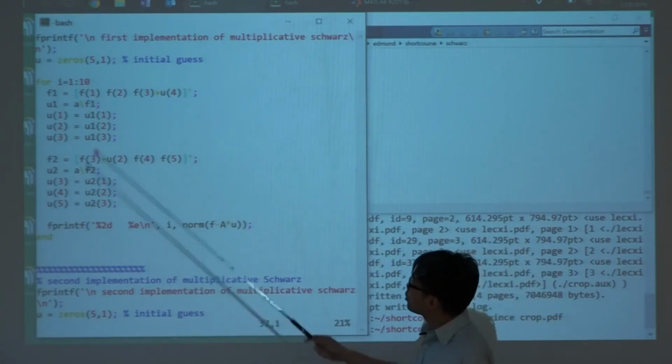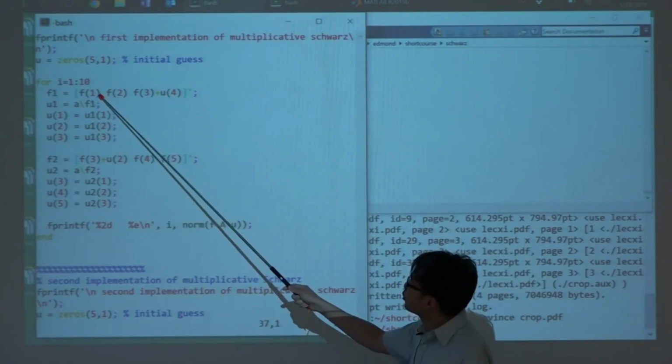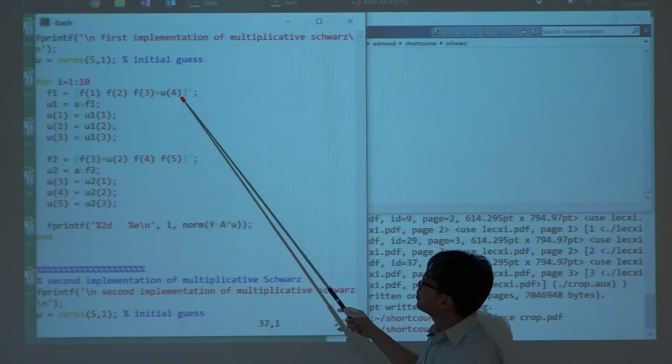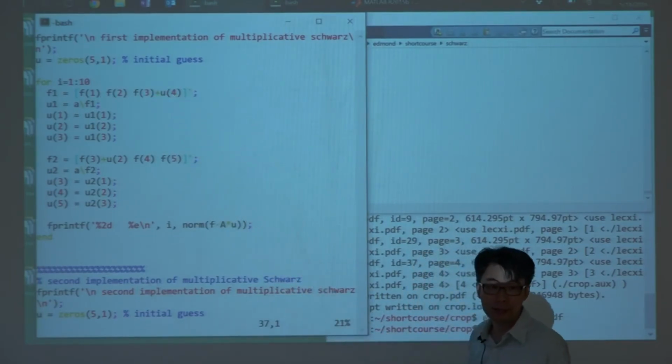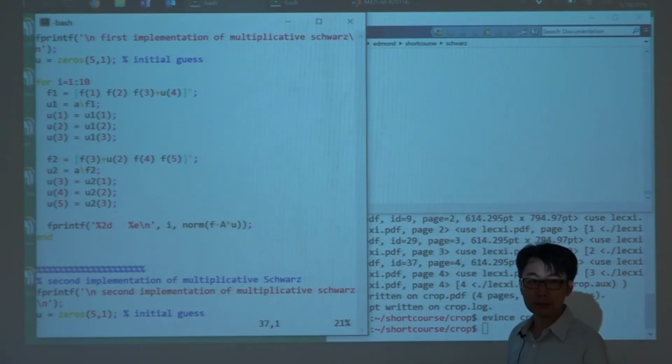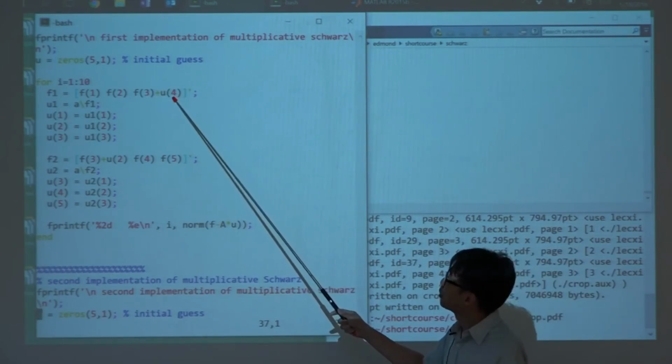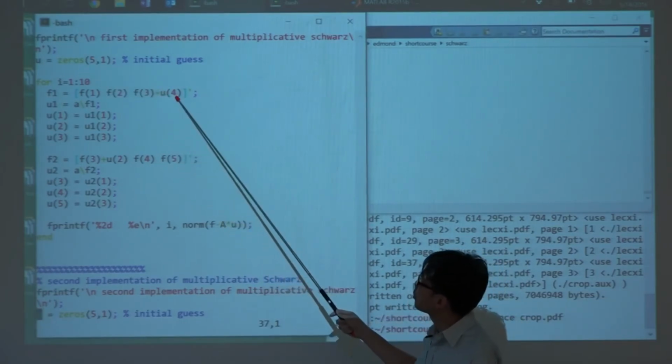Okay, and for each subproblem, I'm going to have a right-hand side. And this is the value of the boundary, the Dirichlet condition, for the other subdomain, right? So its value initially is going to be 0.